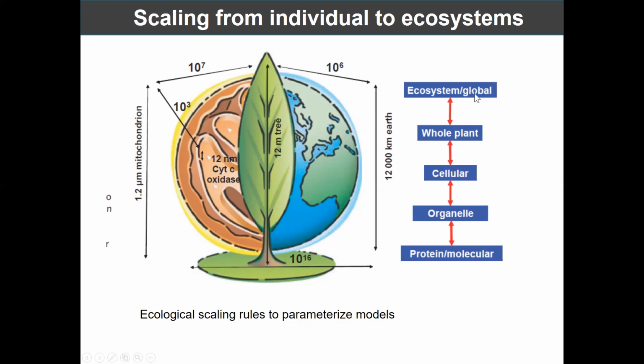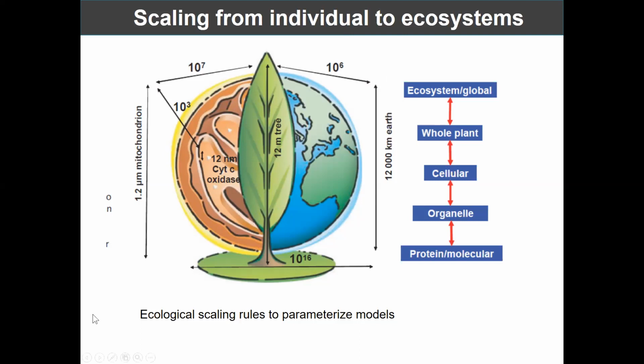So the importance of measuring these relationships at different levels is to develop methods that allow us to scale up from individuals to communities and ecosystems and improve predictions of carbon cycling. Most of the models currently developed by Earth system modelers or climate scientists are attempting to use ecological scaling rules to parameterize models.